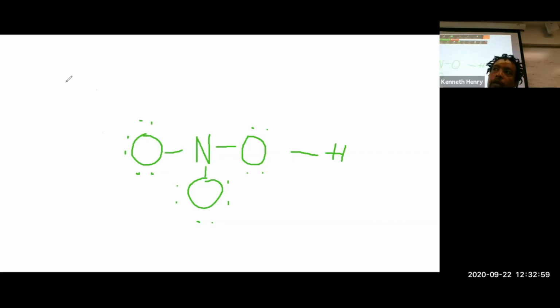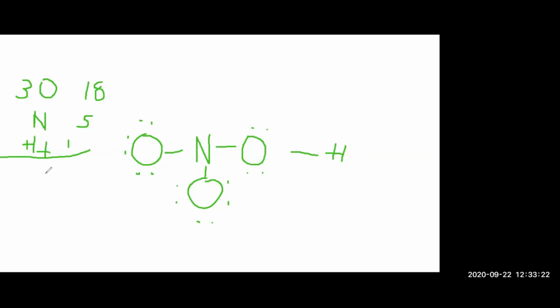Okay, so we have 3 oxygens, so that's a total of 18. Is that correct? 6 times 3. Nitrogen has 5, and hydrogen has 1, right? So that's a total of how many electrons? 24.